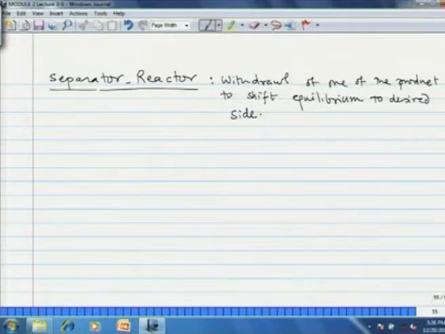And an example in this category is that of isopropanol dehydrogenation to produce acetone.